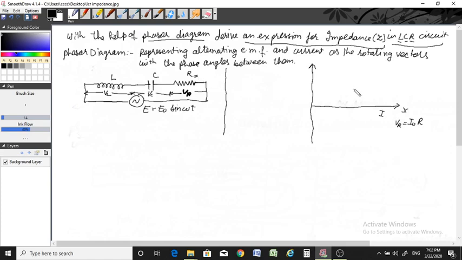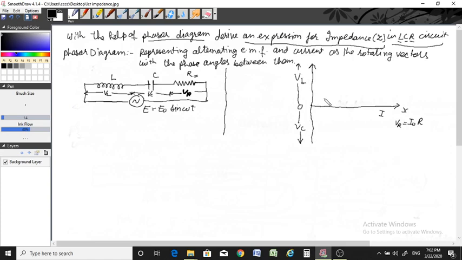Now along this we will draw a line, and VL is taken along this side, and this is the point O, and VC is directed downward.